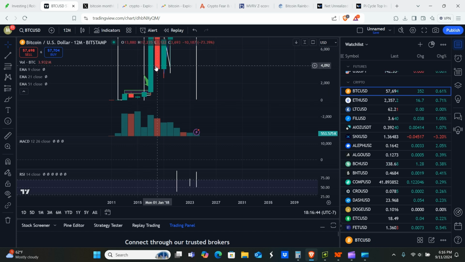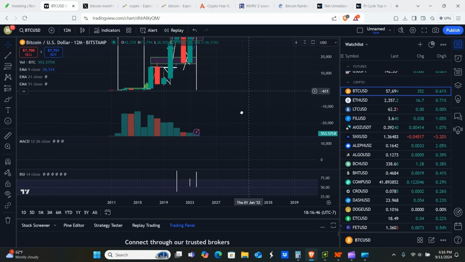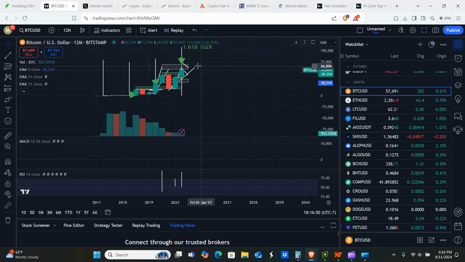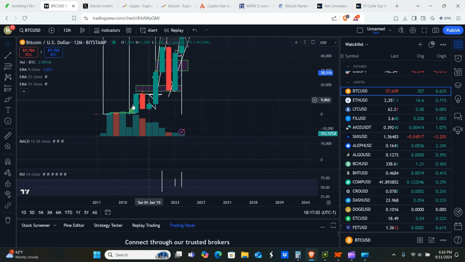So 2014, 2018, 2022 were all red. So theoretically 2026 should be red, which means that we should have green for the rest of this year and next year. And keep in mind, this year is also the election and the halving years. What happens after those years, generally speaking, we have the biggest move up for Bitcoin and altcoins following that year.